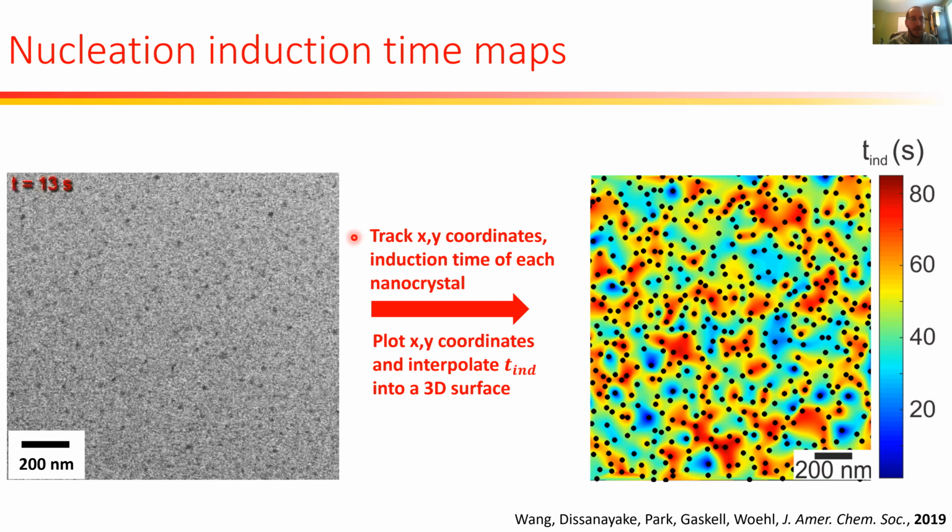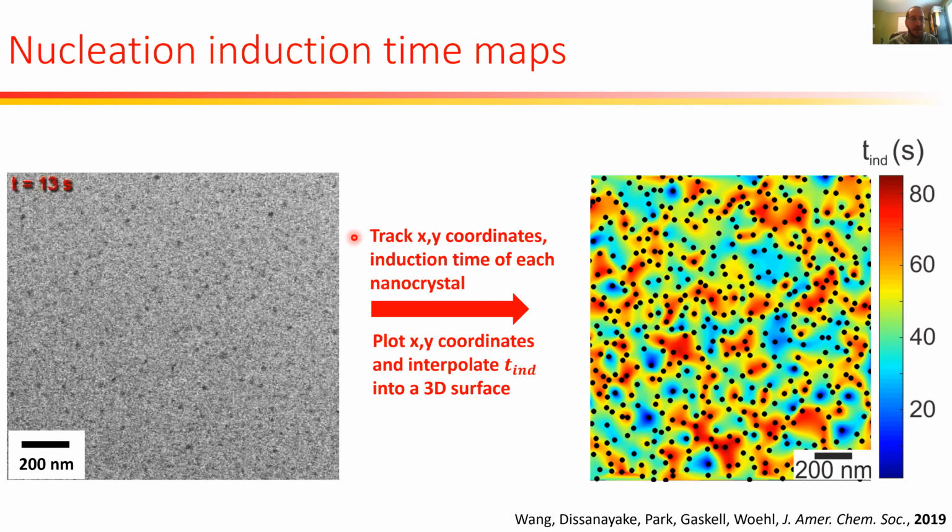And those are the nucleation induction times. It's basically the amount of time it took for us to see that a nucleus formed. So a short induction time would mean fast nucleation kinetics, and a long induction time would mean slow nucleation kinetics.